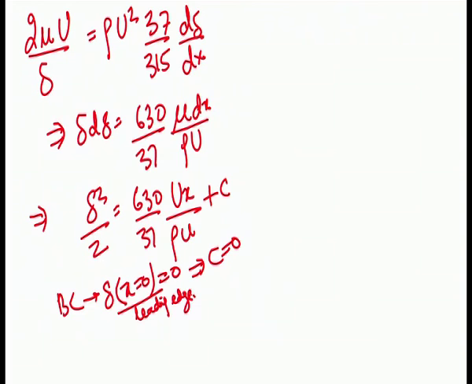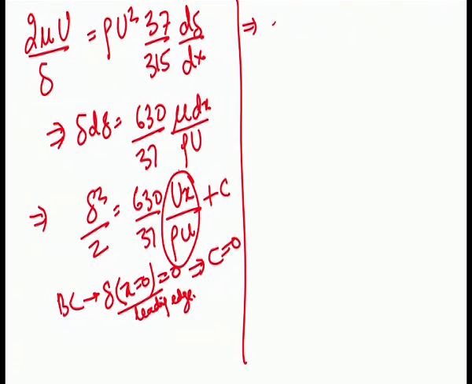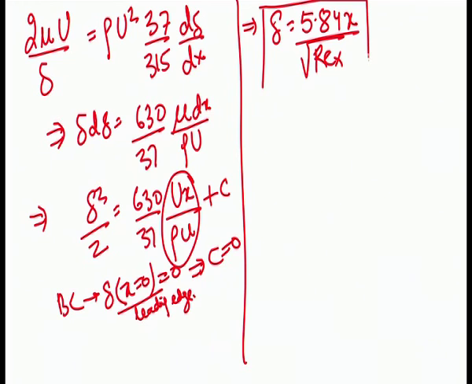All right, if you put it in terms of Reynolds number, 1 by Reynolds number, this gives delta is equal to 5.84 x by under root Re_x. All right, so this is how you get delta.